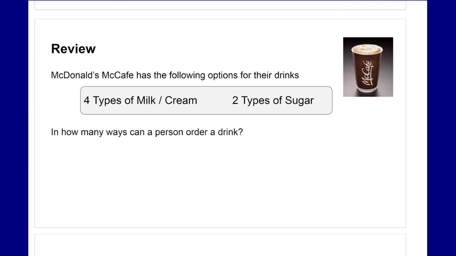Next one, McDonald's McCafe has the following options for their drinks: 4 types of milk or cream and 2 types of sugar. How many ways could a person order a drink? This is that kind of problem solving with combinations.